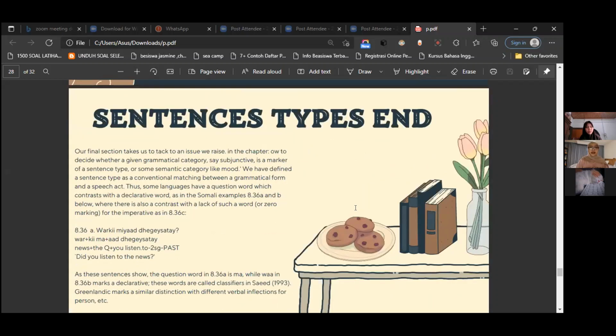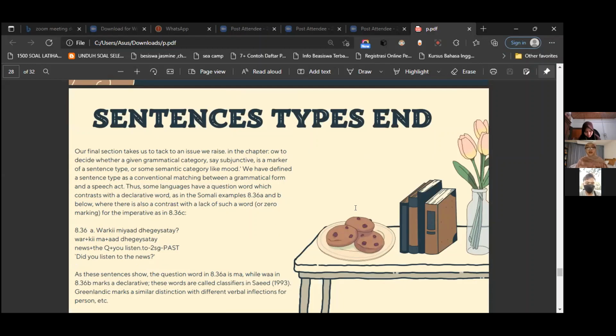The last topic will be sentence types. Our final section takes us to an issue we raised in this chapter: to decide whether a given grammatical category, say subjunctive, is a marker of a sentence type, or of some semantic category like mood. We have defined a sentence type as a conventional matching between a grammatical form and a speech act.